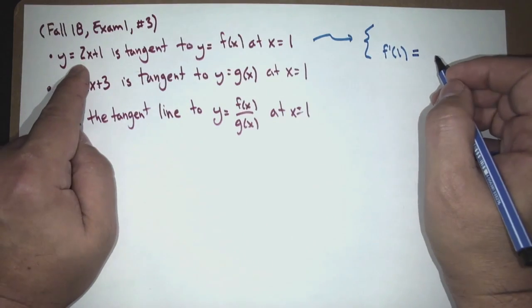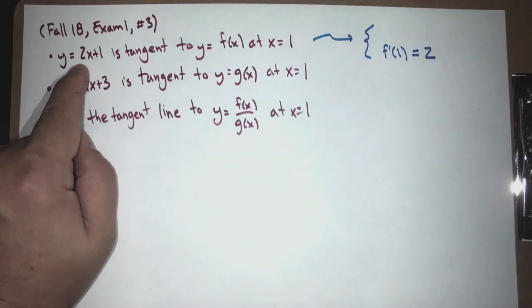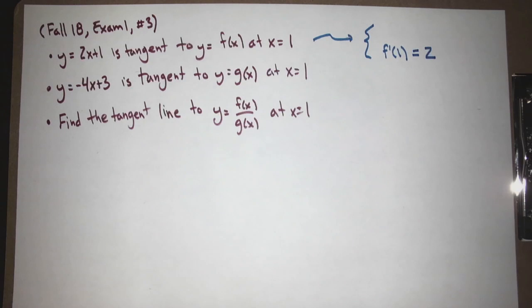We look at our line: 2. Slope. There is one other thing that we get. The word tangent means touch. What does that mean in terms of the function? It's a point. It touches the function at the point of tangency.